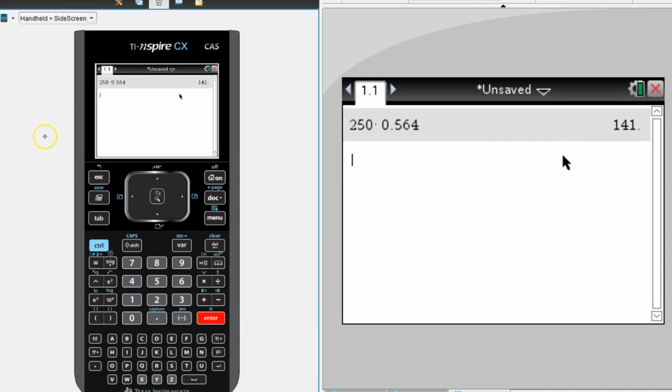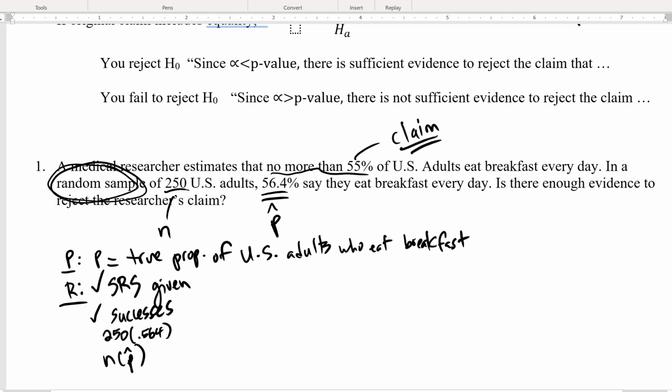We're looking at 141 people there, right? And that is greater than 5. How many failures? That must also be greater than 5. I can do 250 times the other 0.436. Or I can say, well, if there are 141 successes, there must be 109 failures, which is also greater than 5. So those are the requirements.